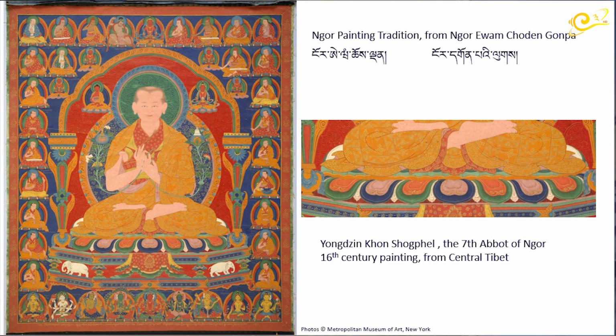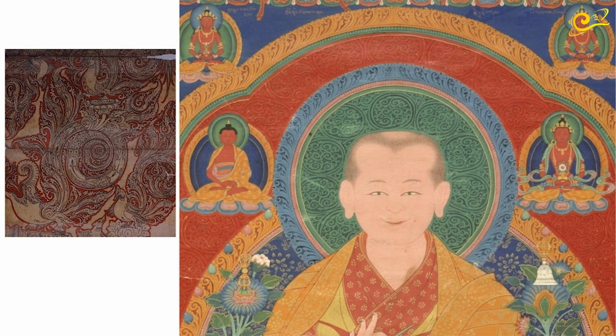What we also notice in the Ngor painting tradition, we can see here in this figure of Yonzen Kun Shokpel, the seventh abbot of Ngor. We can see that behind his head, those elements that we'd seen in the Chusin tail, the curling, swirling of vegetal and floral-like elements, are now part of the halo behind his head, part of the throne behind his back.